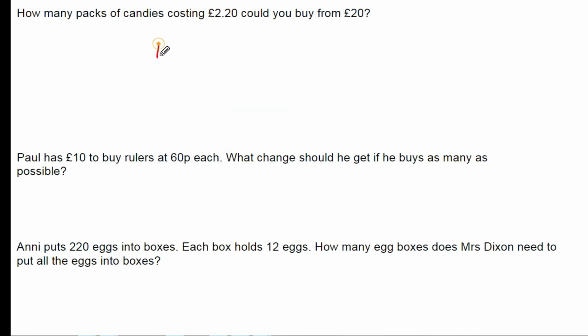Now finally we are left with same units, that is 1000 pennies and 60 pennies. So remember that this 60 penny is the cost of each ruler and this 1000 penny is the total amount Paul has. Paul has 1000 penny and he needs to pay 60 penny for one ruler. Now we need to find how many rulers he can buy from 1000 pennies.